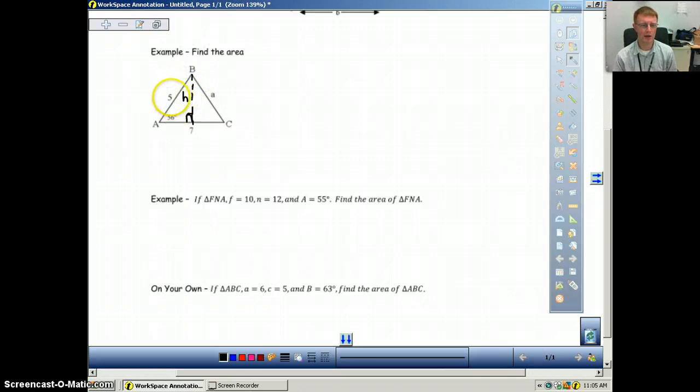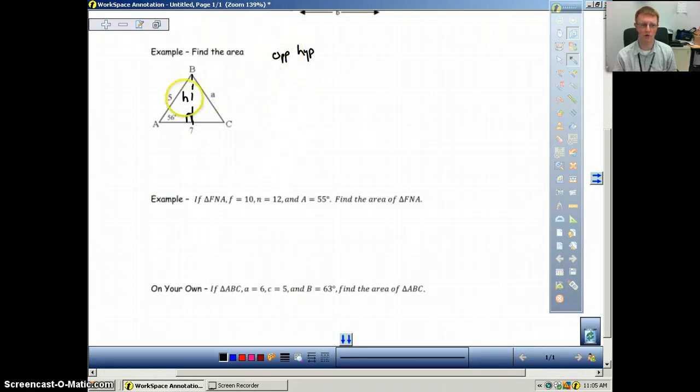So what we look at is I'm given this angle measure, I know what this side is, and I'm looking for this side. So what we want to think about is what sides are given to us, or what sides are we using here? We're using the height, which is the opposite side, and we're using the 5, which is the hypotenuse. If we're using the opposite and the hypotenuse, that should tell you that we need to use the sine, because opposite over hypotenuse is sine.